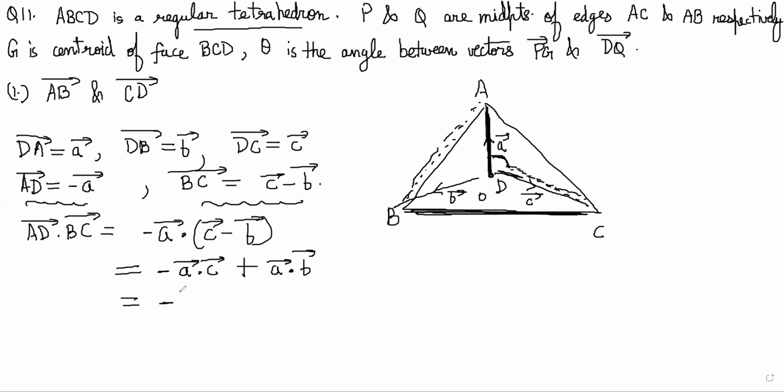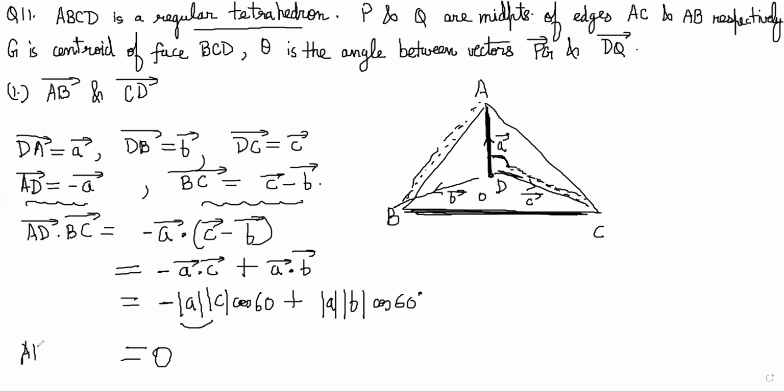That will be minus mod A mod C cos 60, because we know that all of these are equilateral triangles. That is a property of the regular tetrahedron, that each face is in itself an equilateral triangle, and there are 4 such equilateral triangles here. And therefore mod A, mod C are the same. Similarly, mod A, mod B, and cos 60 is this dot product. And this turns out to be 0.